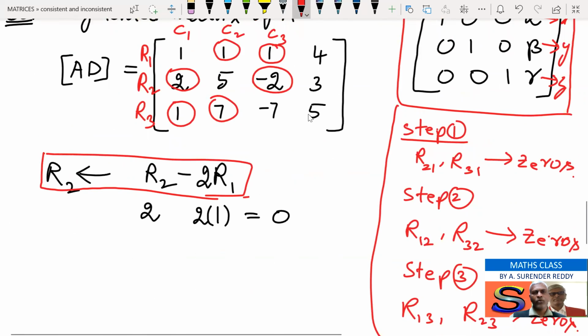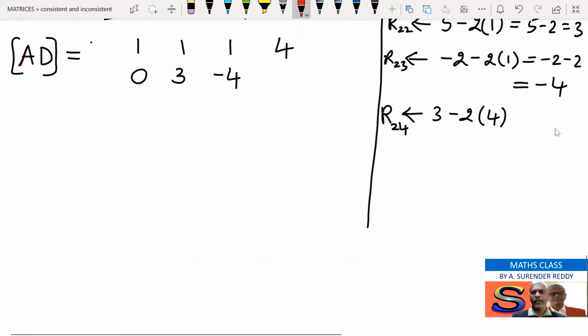Now taking 3, 4 and substituting in the formula, 3 minus 8 is minus 5. So this is -5.